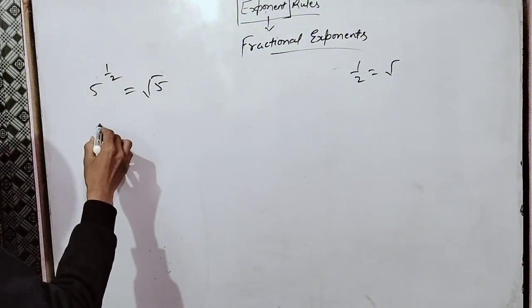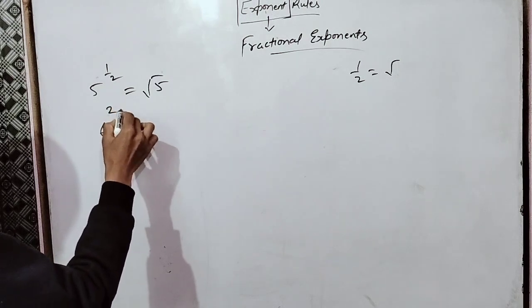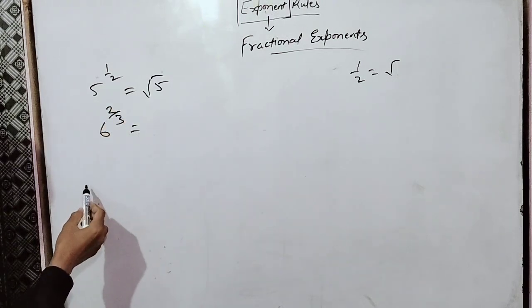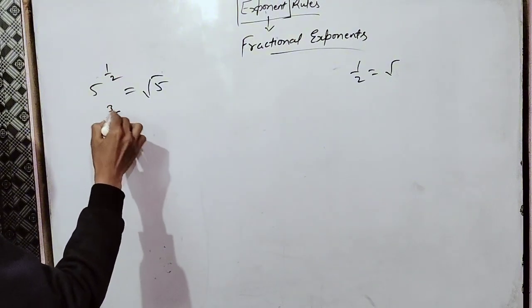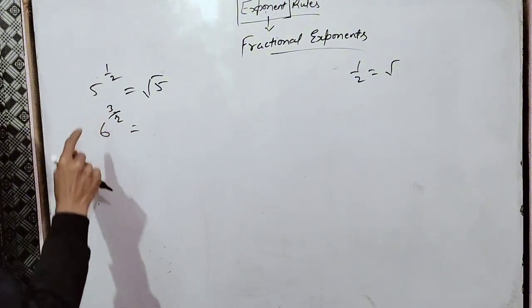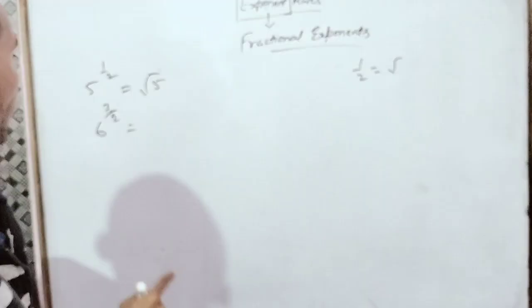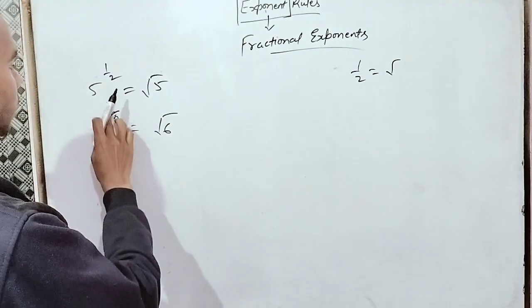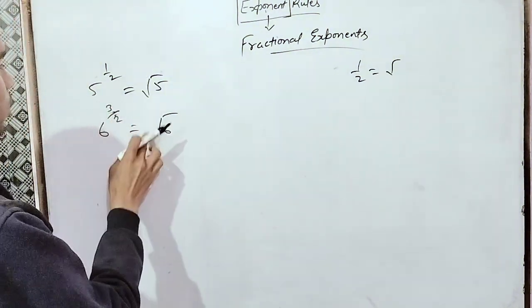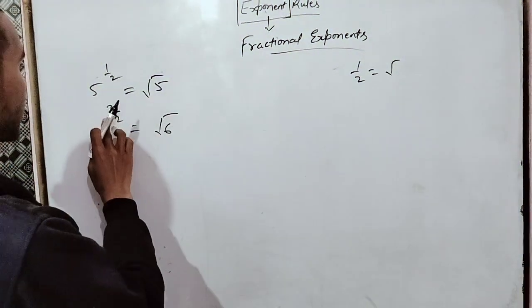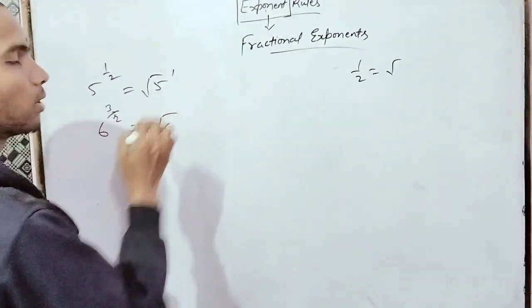Clear? Next we have this. Let's say we have 3 by 2, a fraction exponent. So here 6 will be written under root, and 1 by 2 is a root. 2 is hidden here, and 1 was hidden here.